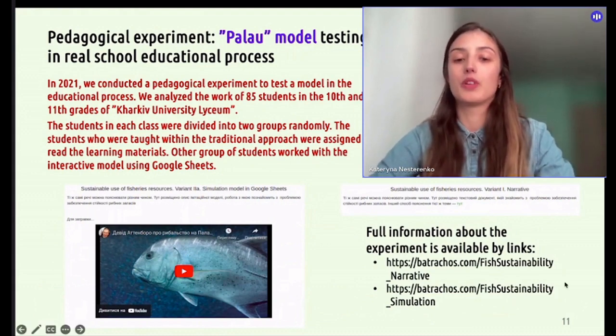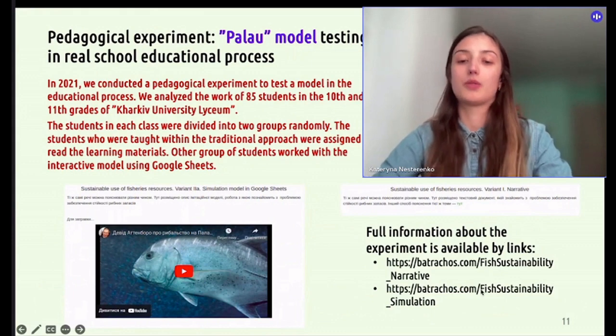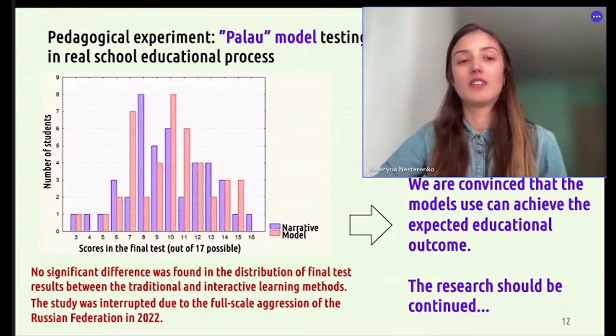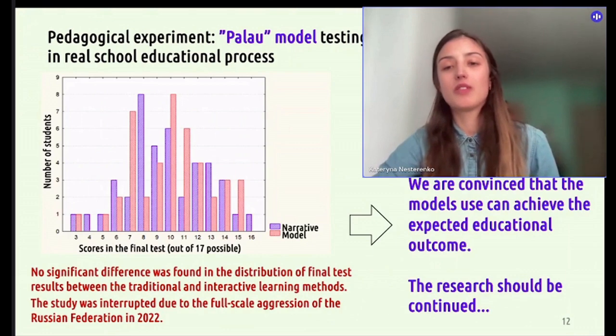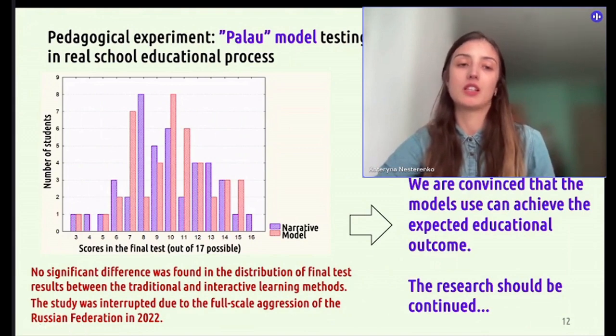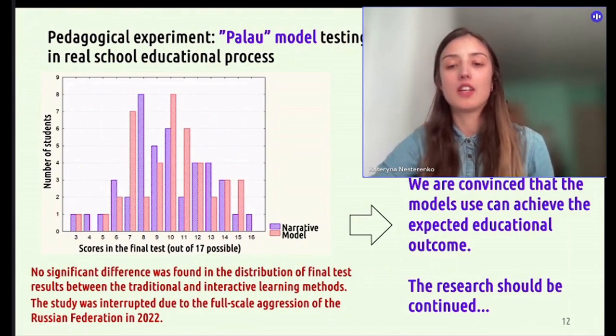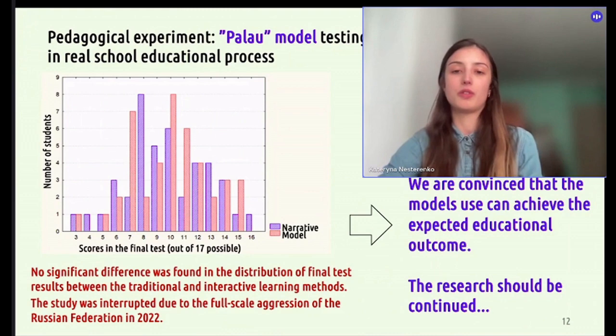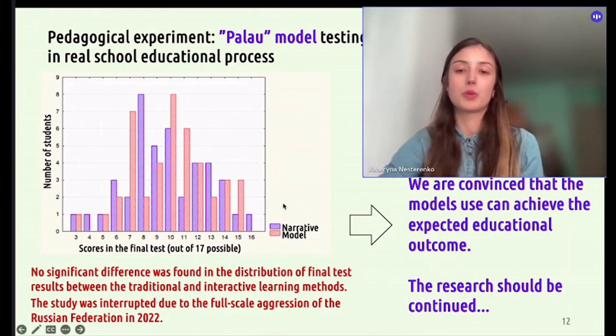Links to both types of tasks are on the screen. We obtained about the same scores on the final test, which tested the students' understanding of the material, like how exactly the catch depends on the exploitation of the fish areas, among those who worked with the descriptive narrative and those who worked with the models.